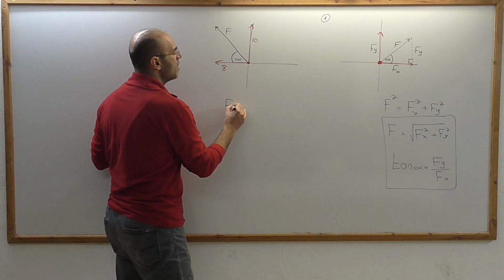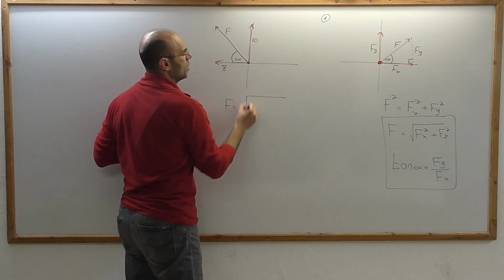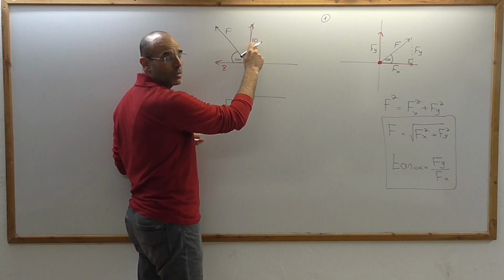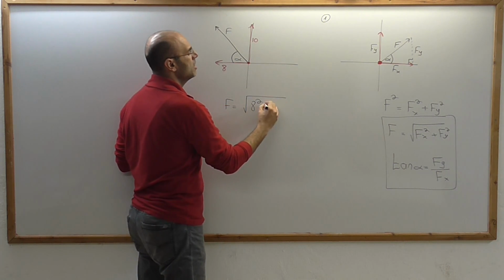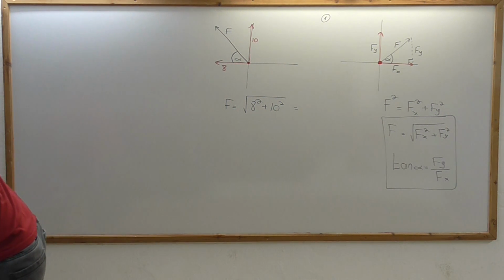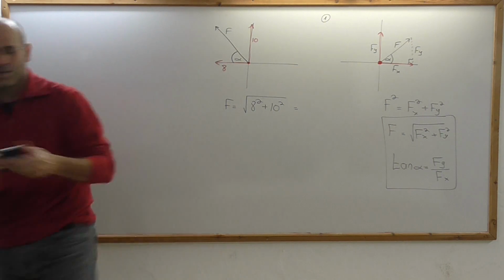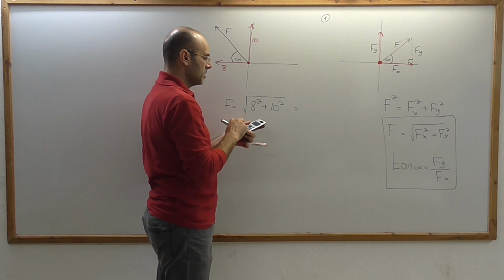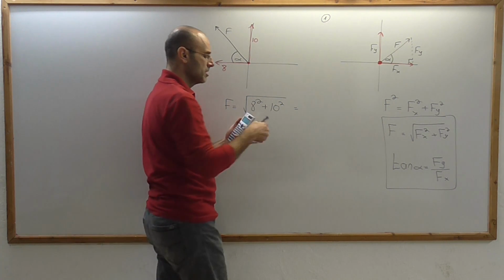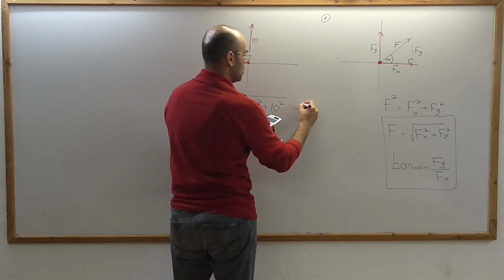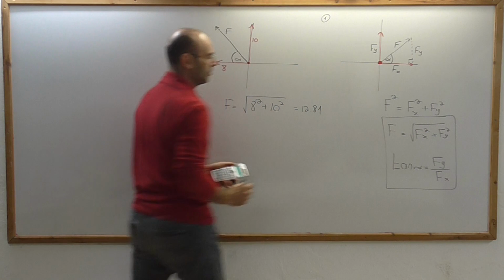So what will be F according to our equation? It will always be the square root of Fx squared plus Fy squared, which means 8 squared plus 10 squared equals, I need my calculator, so it's the square root of 164, which is about 12.81.